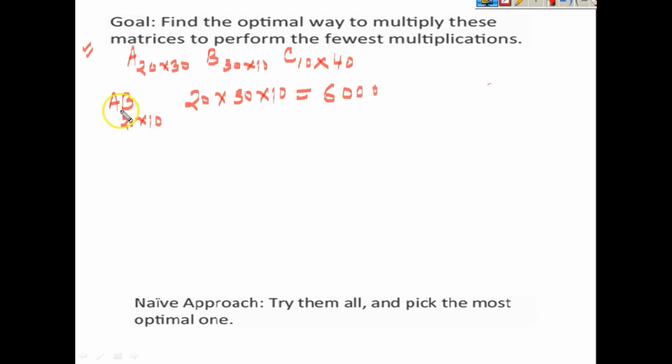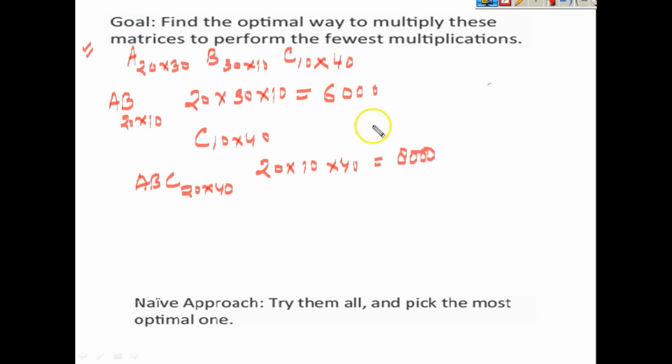Now if you multiply this AB into C with order 10 cross 40, then you will get this ABC of order 20 cross 40, and the number of multiplications required will be 20 into 10 into 40, which equals 8000. So the total is 6000 plus 8000, which equals 14,000.